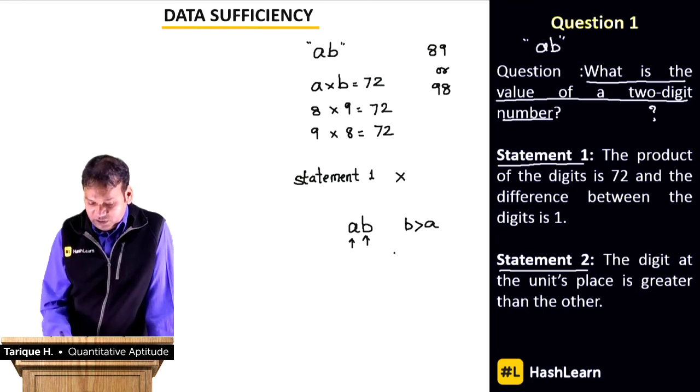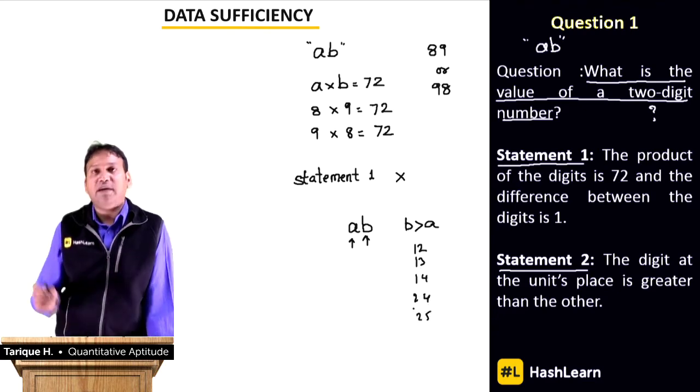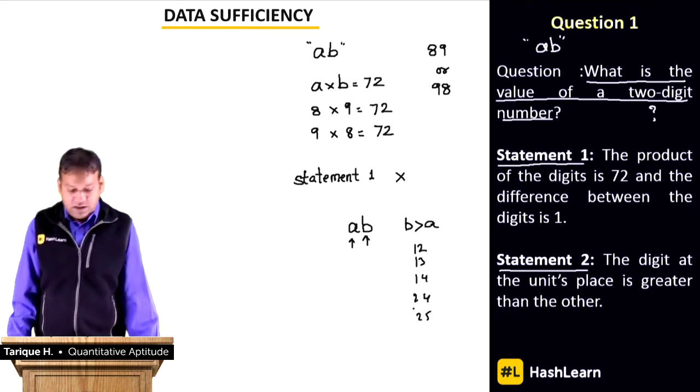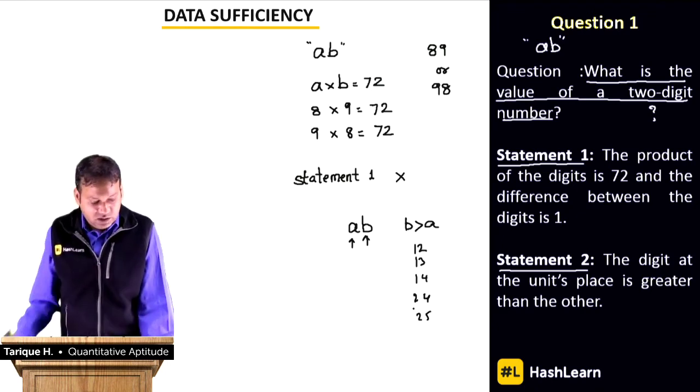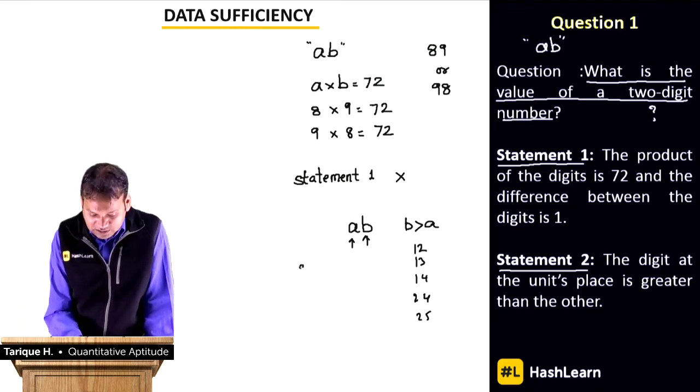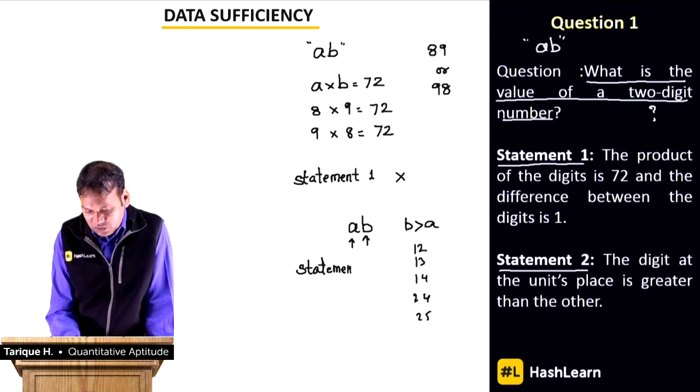For example, the number could be 12 or 13 or 14 or 24 or 25. There are so many cases in which the digit in the units place is more than the digit in the tens place. So it means that statement 2 alone is not sufficient. We cannot solve the question from statement 2 alone.